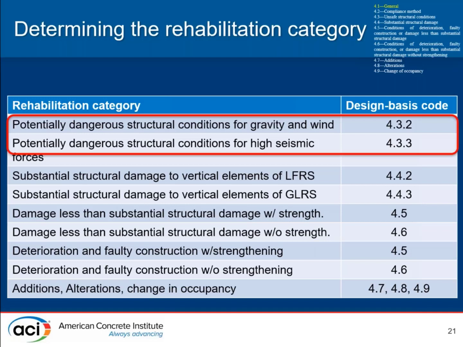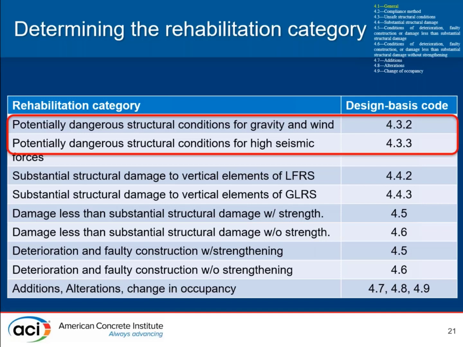We'll work our way through this table over the next few slides, but the thing to note is that the numbers in the right-hand column of this table are the ACI 562 provision numbers that pertain to these different conditions. Generally speaking, as Keith said yesterday, ACI 562 is used for gravity and lateral wind loads, and ASCE/SEI 41 is used for lateral earthquake loading.